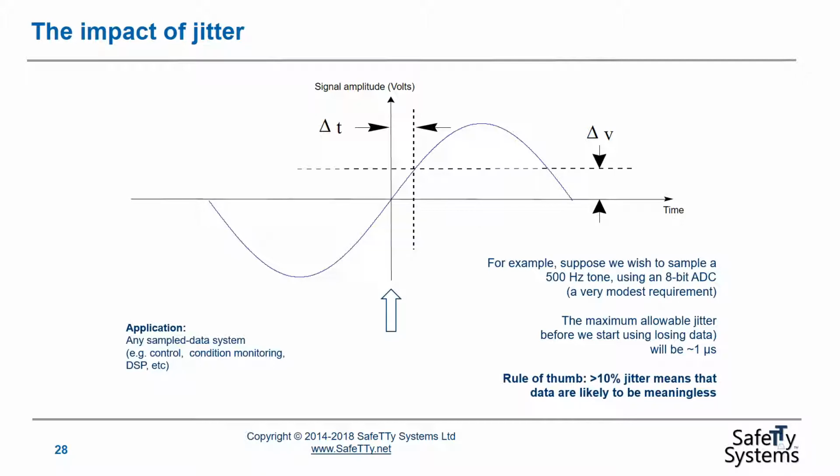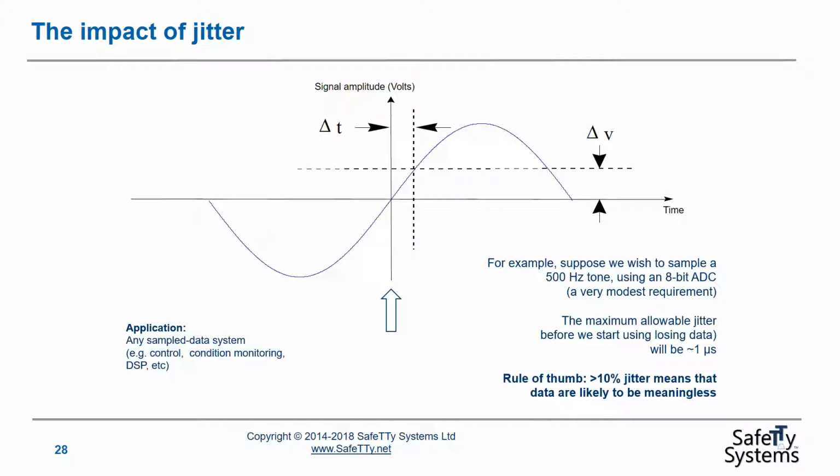We can do the calculations and demonstrate that the maximum allowed jitter we can tolerate in that data sampling will be approximately 1 microsecond, even for an 8-bit ADC and a 500 Hz tone. If it's a 24-bit ADC, for example, the requirements are much, much tighter.